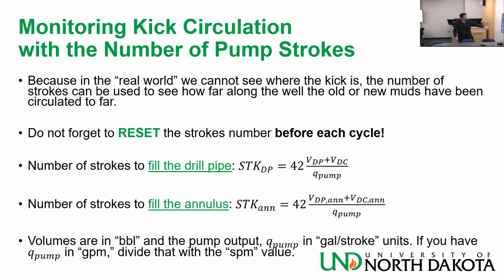So this value is the number of strokes to go down the drill pipe, and this value is the number of strokes to make it up the annulus. For reference, it really depends on the well. You may have a very narrow annulus, you may have a very thick annulus, so it won't be the same value, but you need to know it.